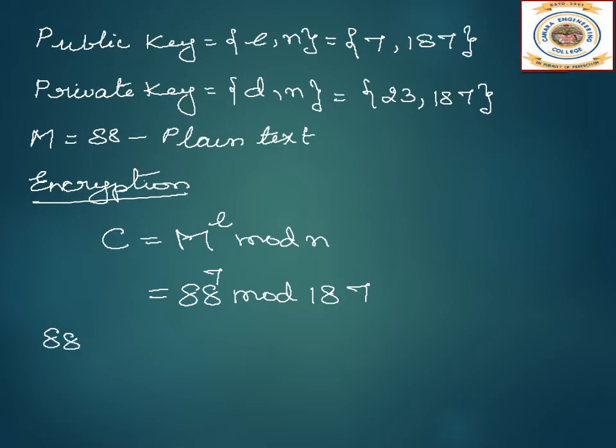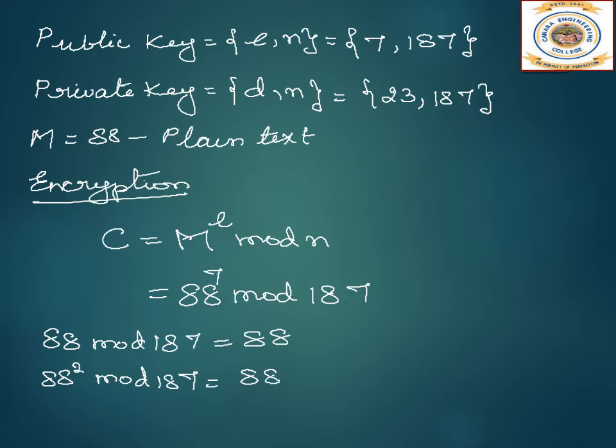Let us find. So 88 mod 187, I'll get it as 88. 88 square mod 187 is 88 into 88 mod 187, which I get as 77.